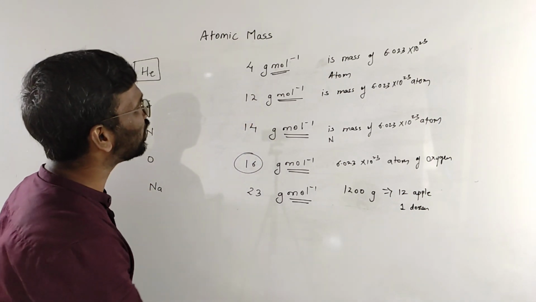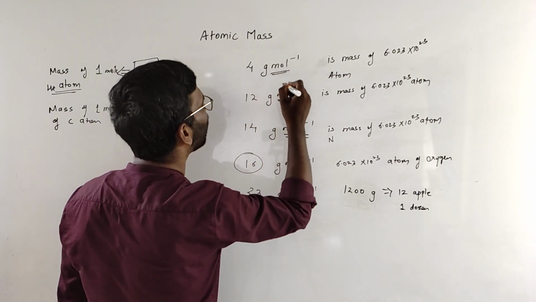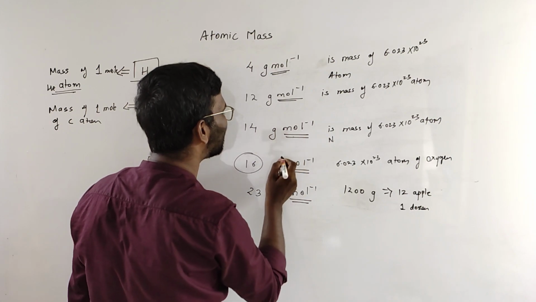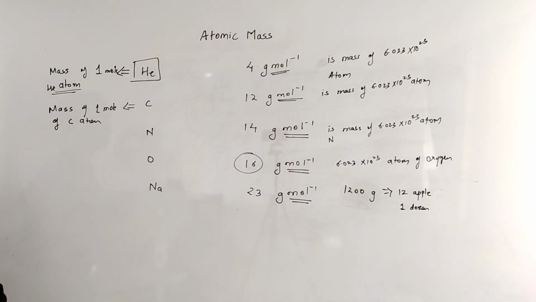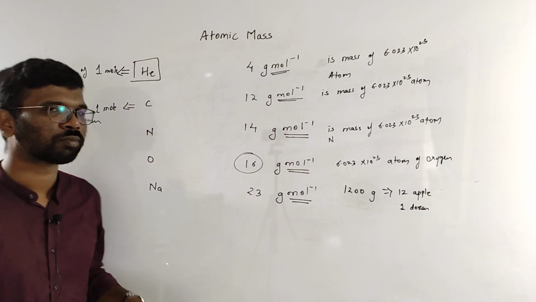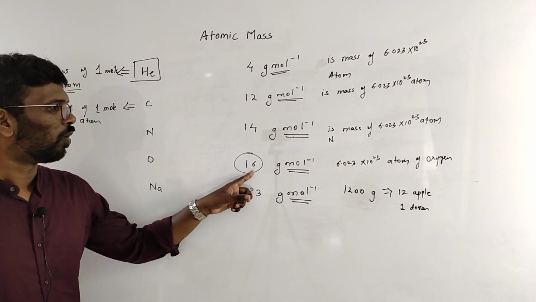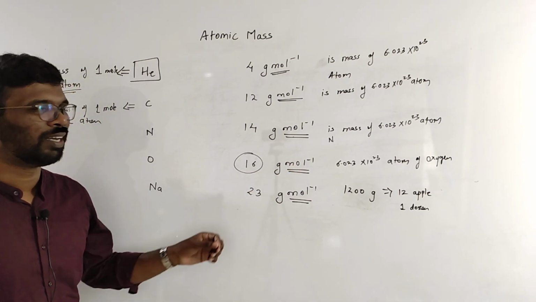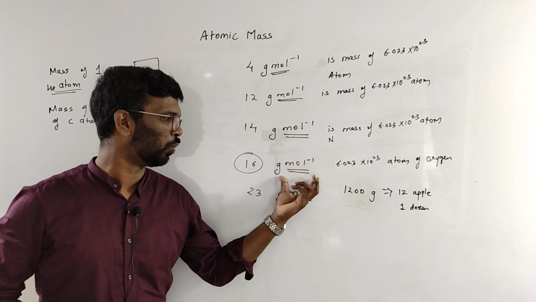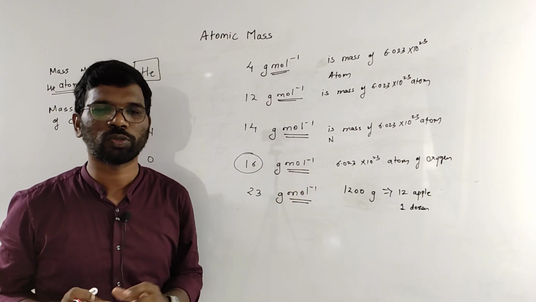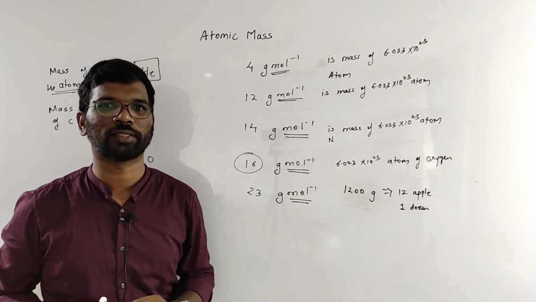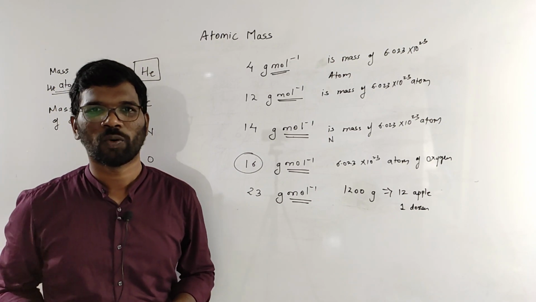Right? That's why what is written over here is per mole. Everywhere you can see that the unit of atomic mass is per mole, or grams per mole. It is a unit. So, understood the concept of atomic mass. Let's take one example.